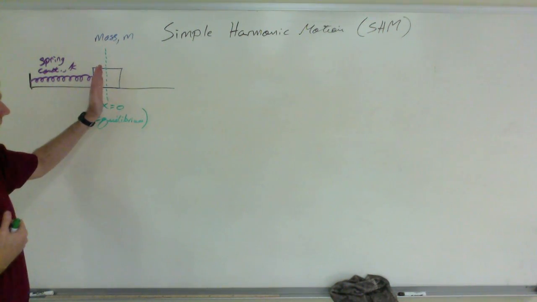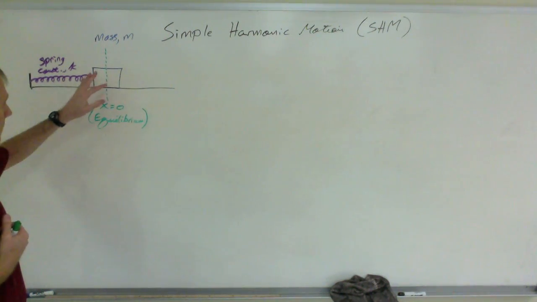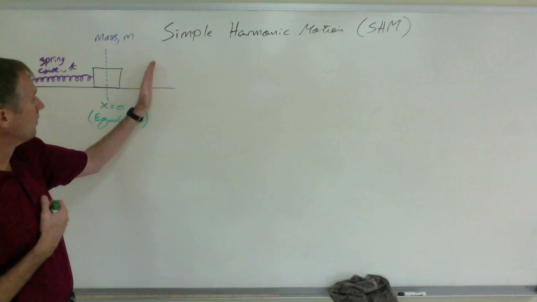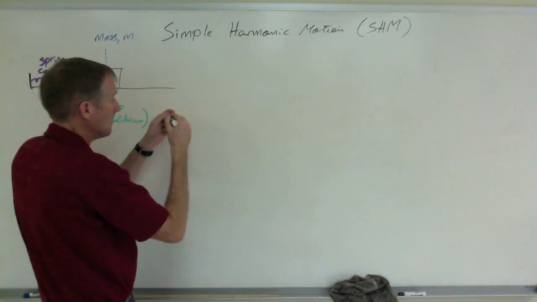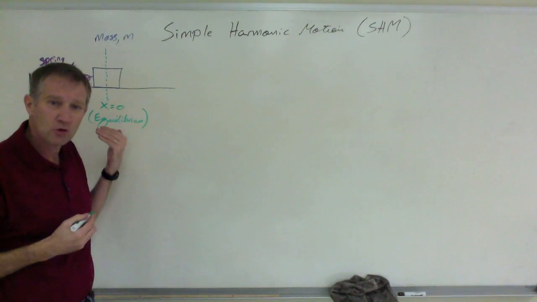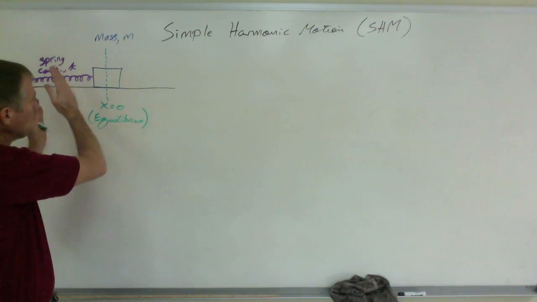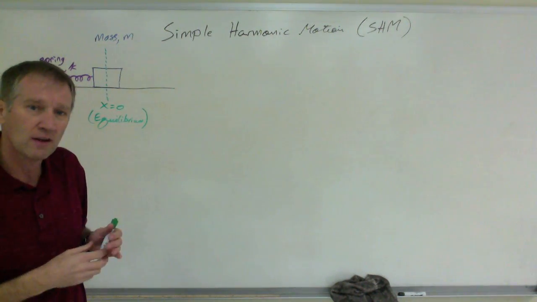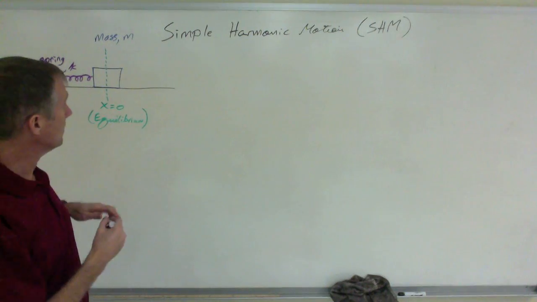If I displace it to the right, the spring is going to pull back on it towards the left. If I compress it to the left, the spring is going to push it towards the right. The spring is always pushing or pulling in the opposite direction that the mass is displaced.